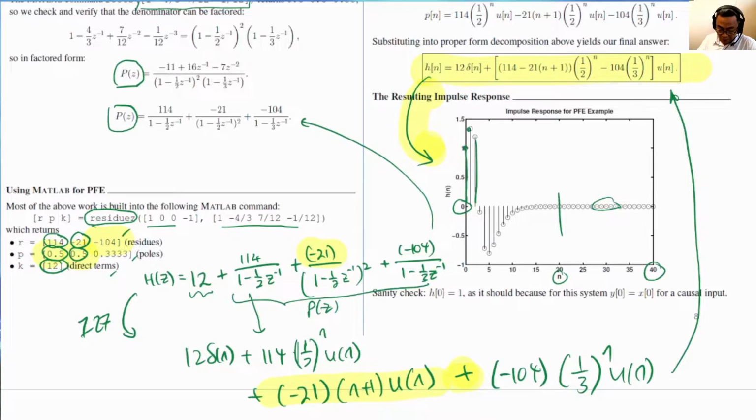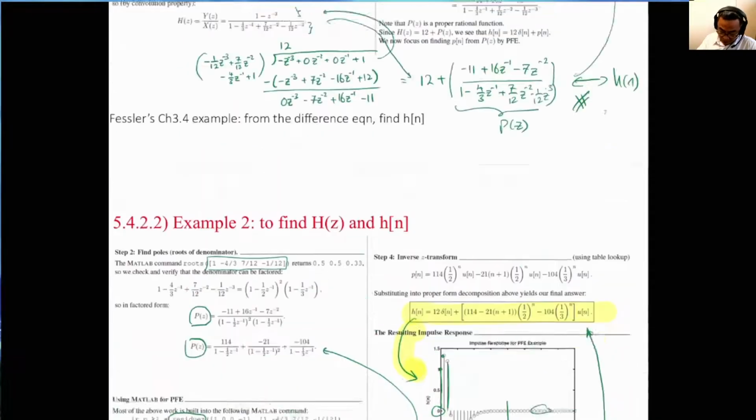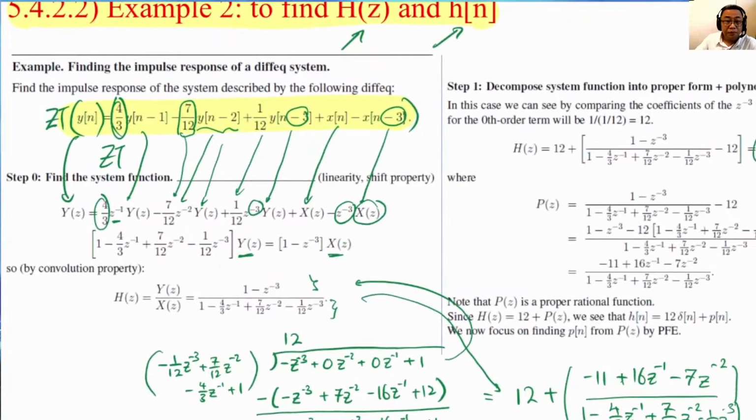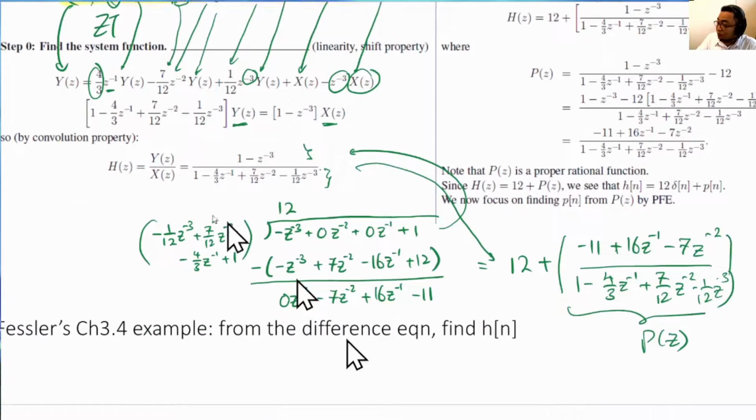So in summary, to perform this question, what we did was we took the z transform of a difference equation to find the transfer function. We find that the transfer function is improper. We use long division to find the coefficients, to make the equation into proper form, which is 12 plus this P of z, which is a proper rational function.